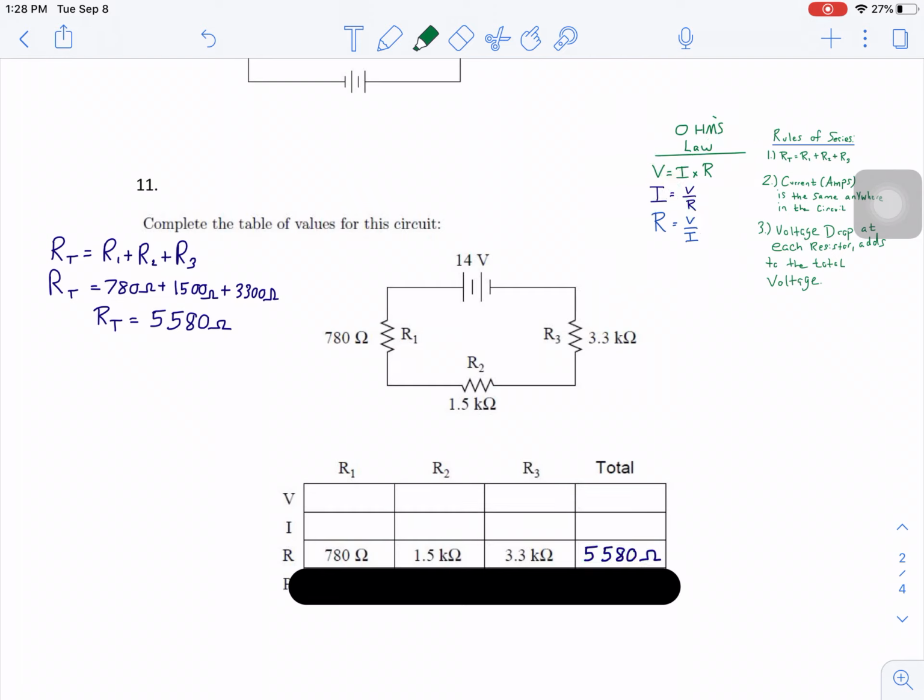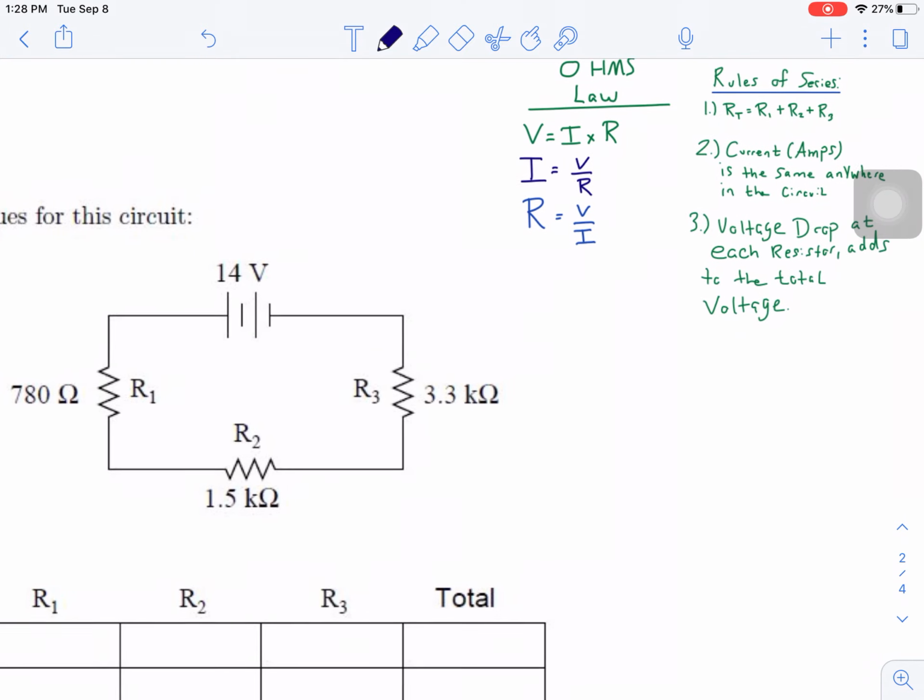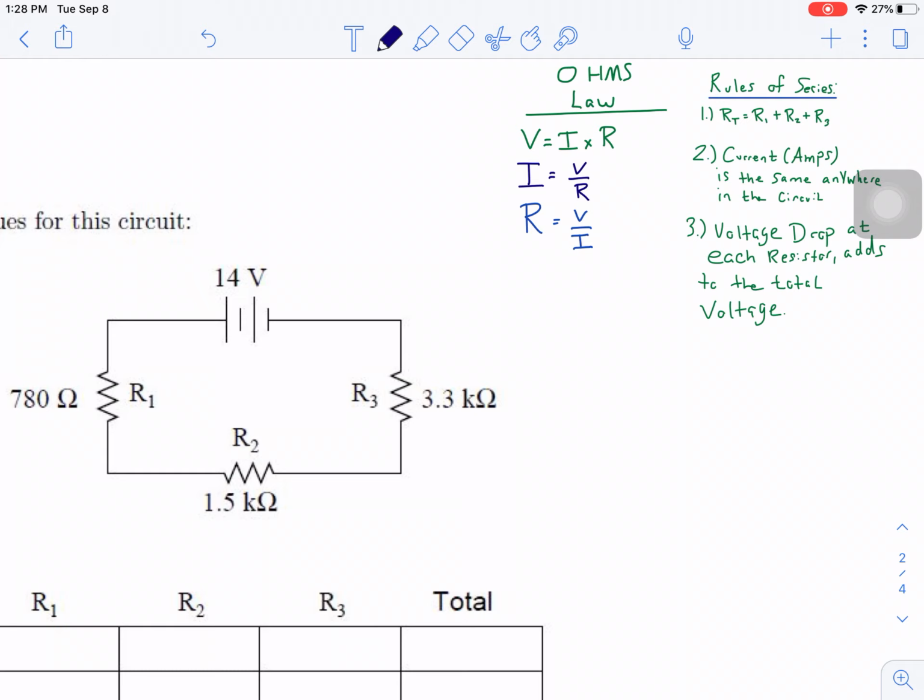When you get to that point, I encourage you then to look back at your rules. As we look at our rules, we see current is the same everywhere. We haven't used rule number 2. I also haven't used the voltage drops add to the total.